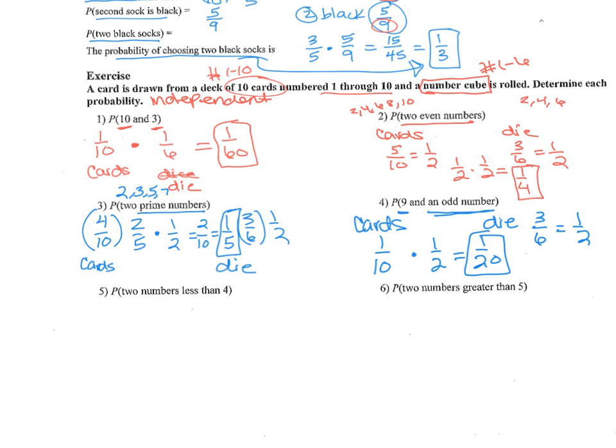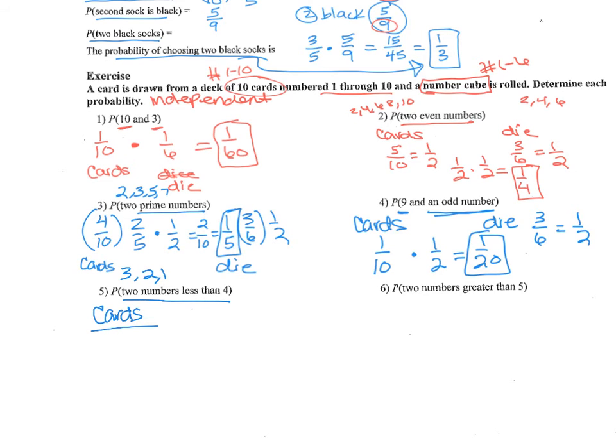Okay, so number 5, the probability of 2 numbers less than 4. So on your cards, what are the numbers less than 4? 3, 2, 1. If we're thinking about our cards, we've got 10 cards.